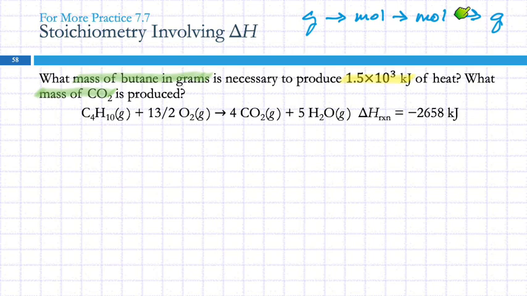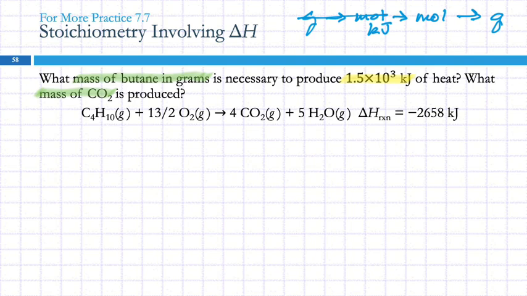So this is grams of butane, that's moles of butane. But what am I starting with? I'm starting with kilojoules, right? So kilojoules goes directly to moles, so I don't need to do that. Starting with kilojoules, going to moles.